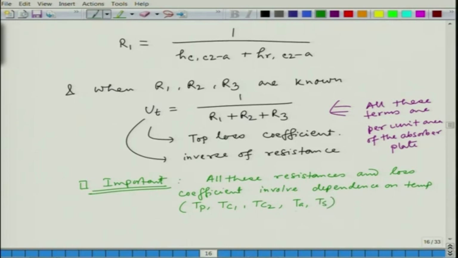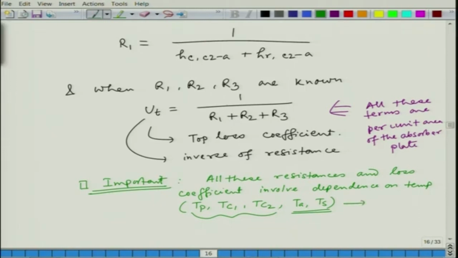Now, this ambient and sky, okay, we can assume that they are not changing, but these three can change, right, and accordingly the resistance values will also be different.